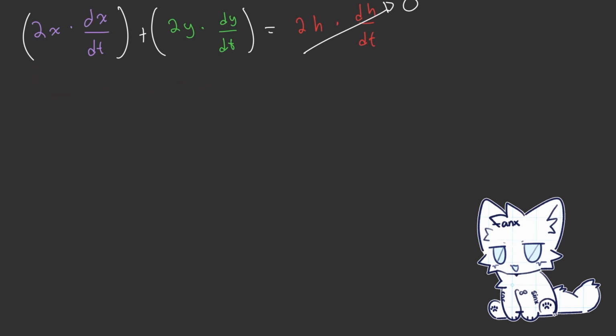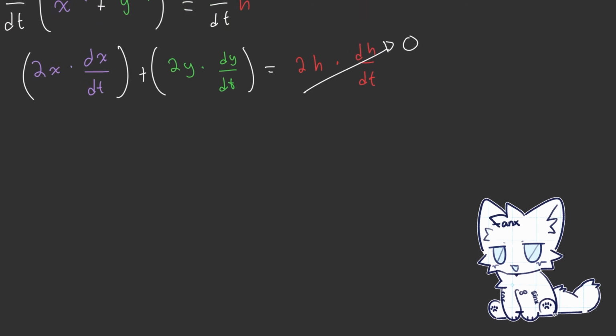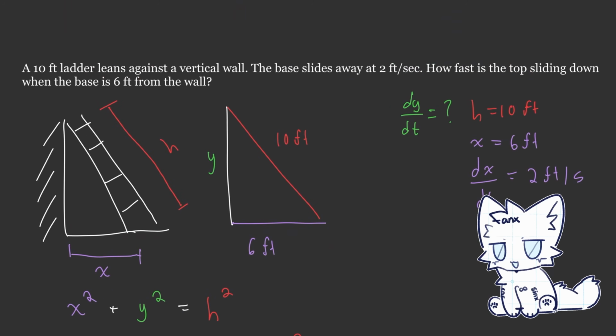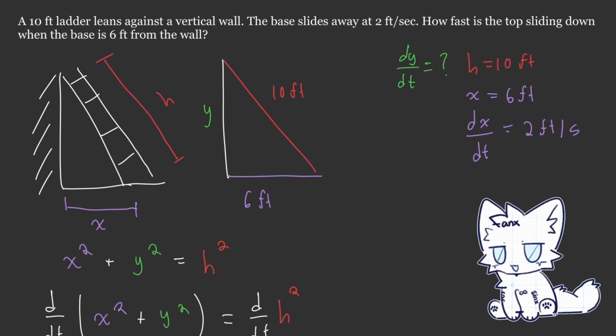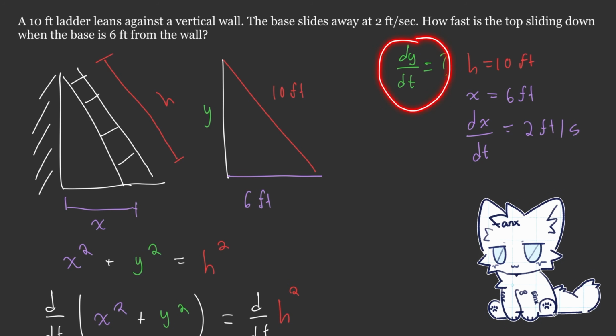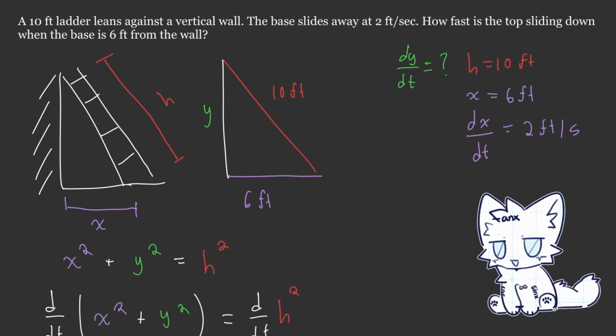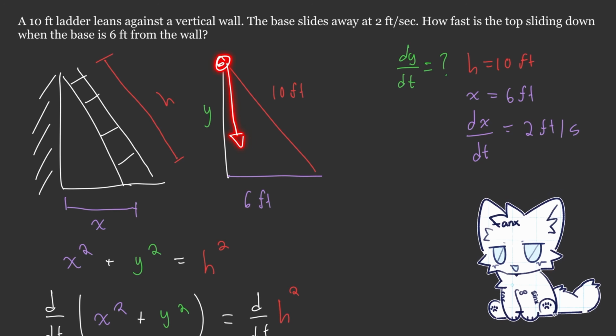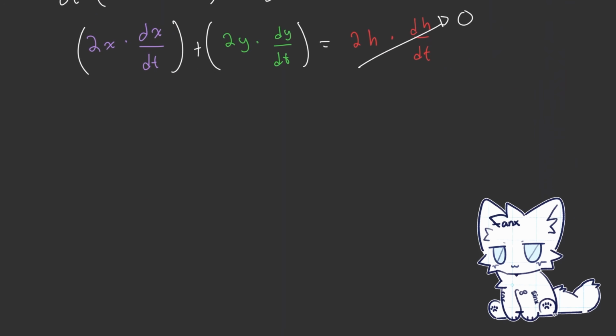Now we have this side of the equation, 2x times dx/dt, and so on. What we're trying to find is how fast the top is sliding down when the base is 6 feet away from the wall. We're trying to find dy/dt, how fast the top part is changing with respect to time, so how fast y changes with respect to time.